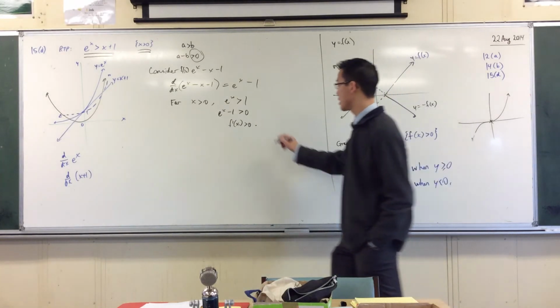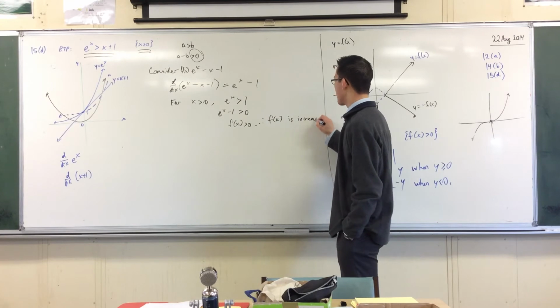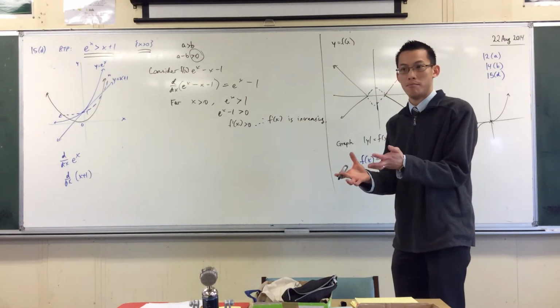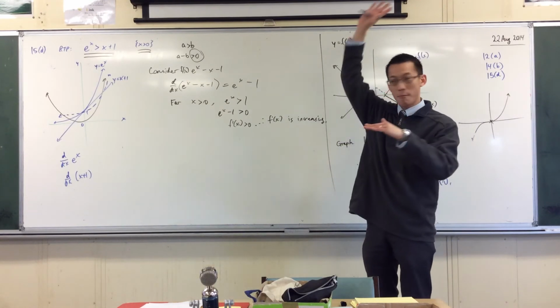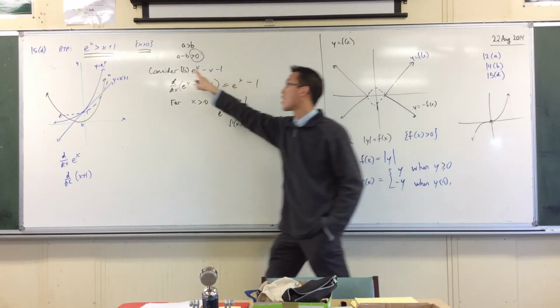Okay, so it's increasing. Now that I've established that it's increasing, all I need to show is that it was never below 0, right? If it was at 0 and going up, because it's increasing, it'll never go below. So then I've proved this, which means I've proved this.